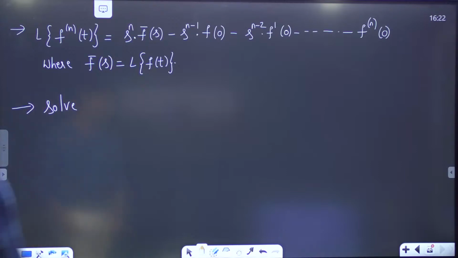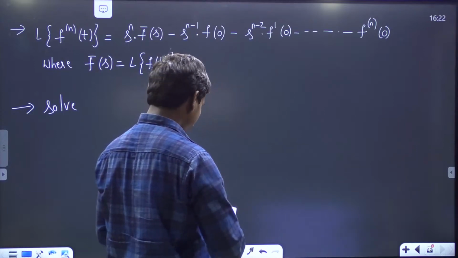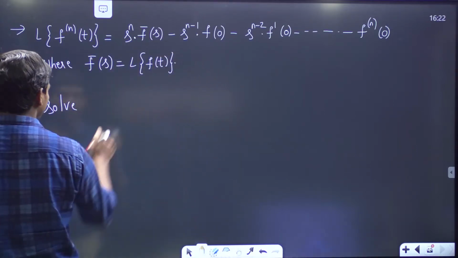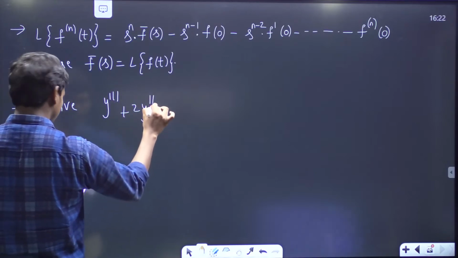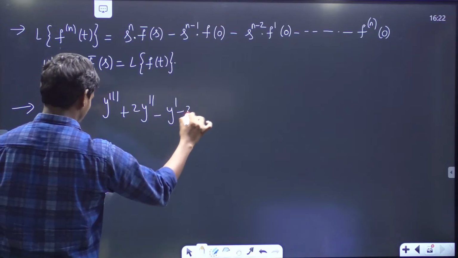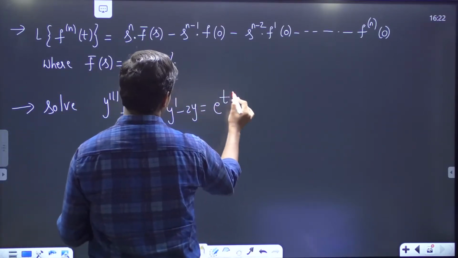Today I got some cheat with me to tell you. So this is the question that we'll be solving. Solve y triple dash plus 2y double dash minus y dash minus 2y is equal to e power t.